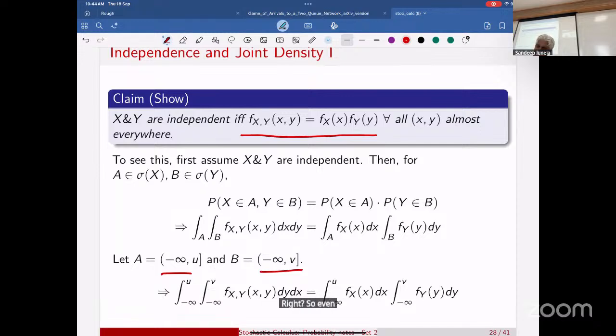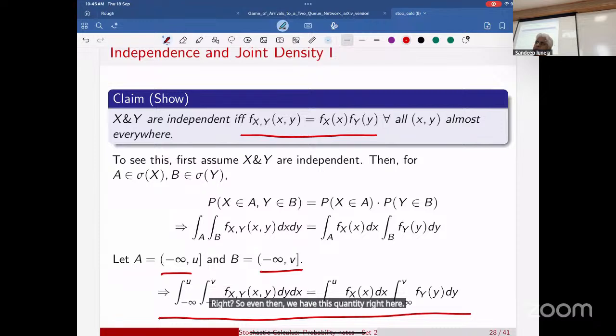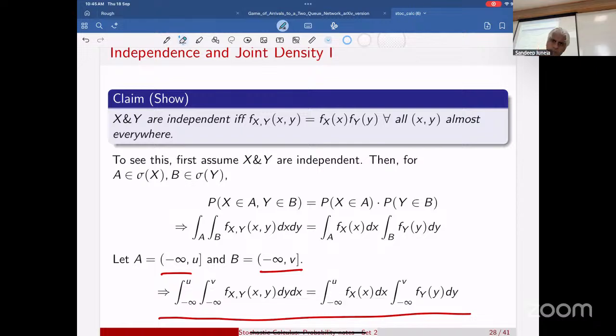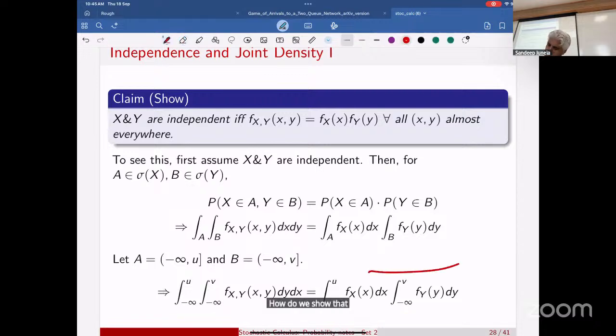So even then we have this quantity right here. What we want to show is this equality, the product form. So how do we go from here? How do we show that this implies this?